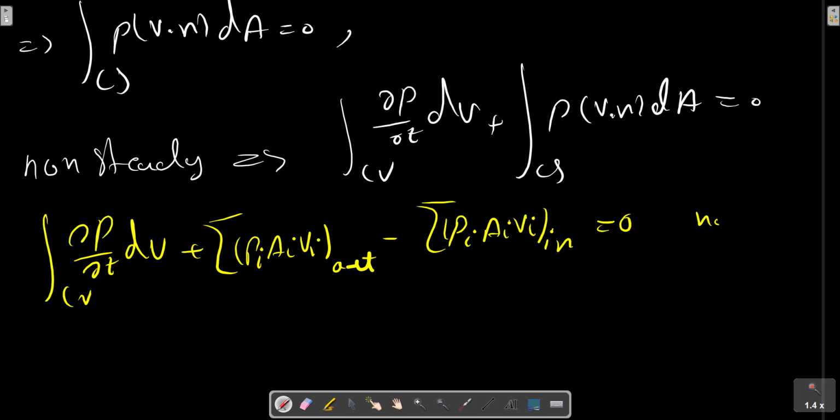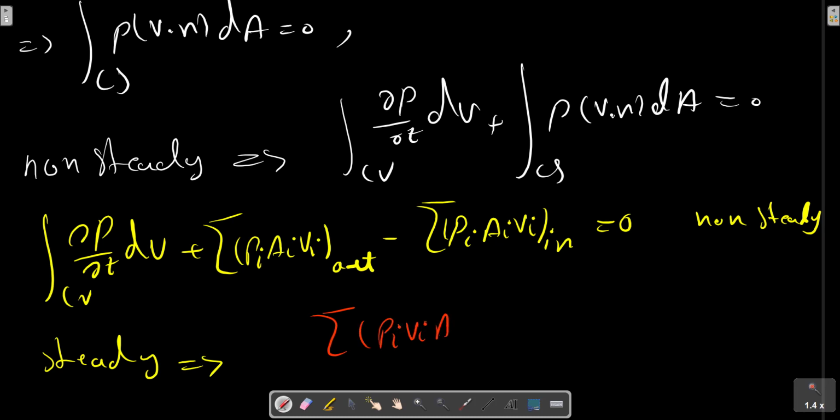It is for non-steady flow, and for a steady flow you can also write this relation for out and in.